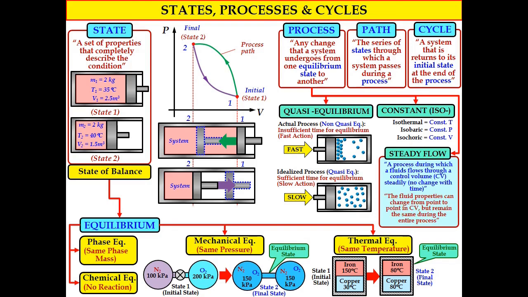The fluid properties can change from point to point in the control volume, but remain the same during the entire process. Okay, so these are a few definitions and characteristics to identify or characterize the steady flow process.